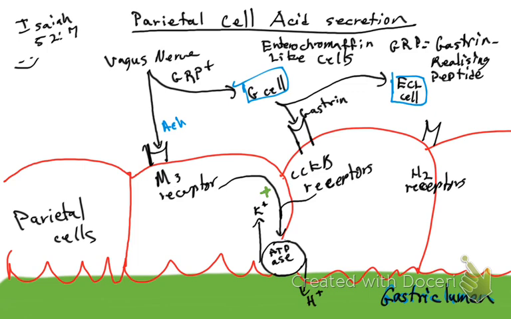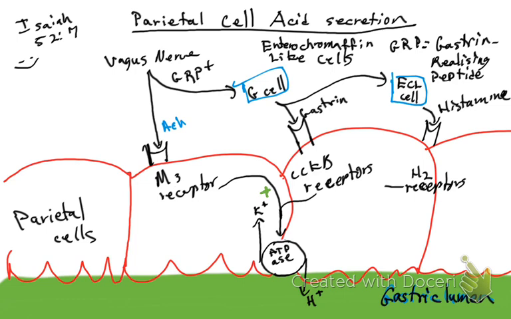Okay, now these G cells go to the ECLs beside them. So first we stimulate G cells to release gastrin, now it goes to the ECL cells, but the ECL cell is going to send something called histamine. This histamine is going to cross which receptor? Yes, you're right, H2 receptors. And once you cross, what do you think it's going to do?